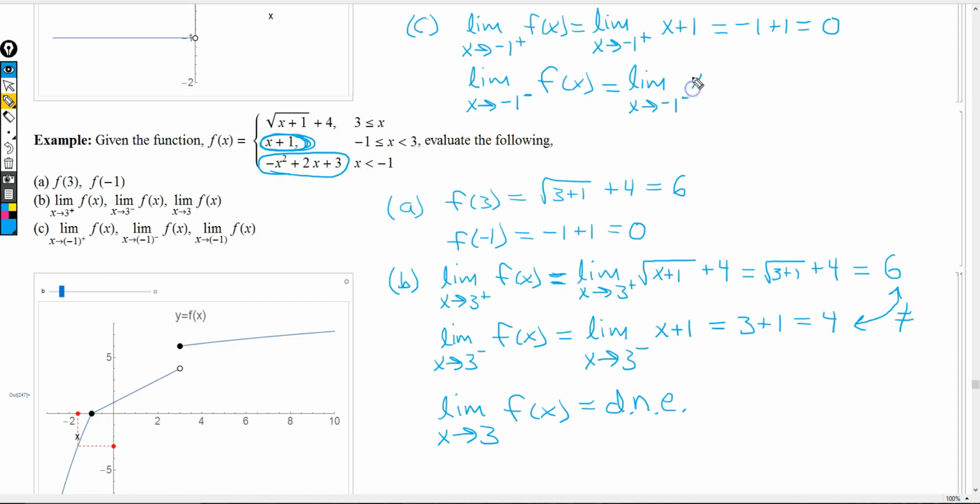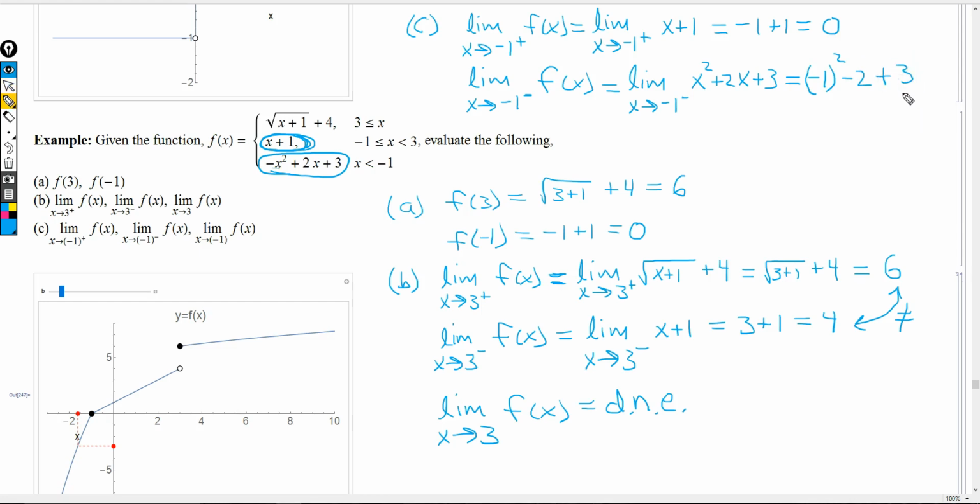That's going to be negative x squared plus 2x plus 3. And now I can just plug -1 in for the x's here, because this is a polynomial, a nice well-behaved function.